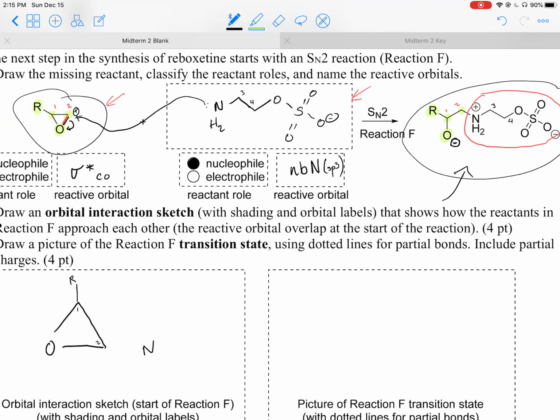That's what's going to be attacking carbon 2. And let's draw the rest of this material. O, and then we can just draw the S and the rest of its bonds up here, not really important for the orbital sketch.